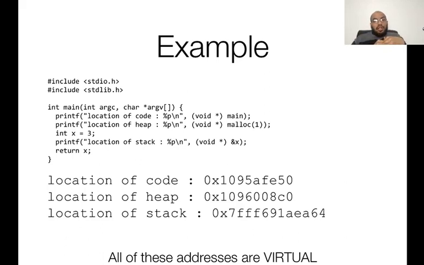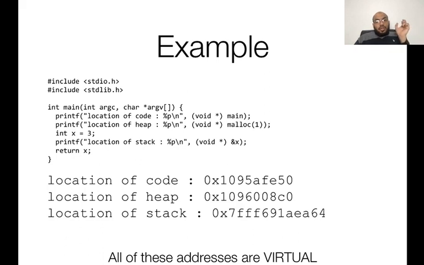The first one is when you printf and give a pointer to main. Basically, you want to print the memory location of your main function, and it gives you 0x1095AFE50. This is the location at which your code starts.